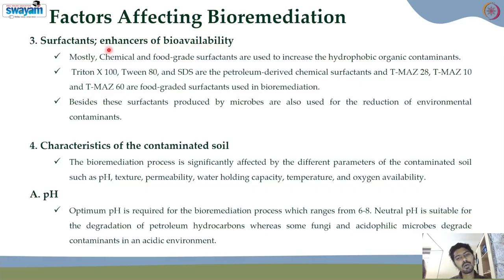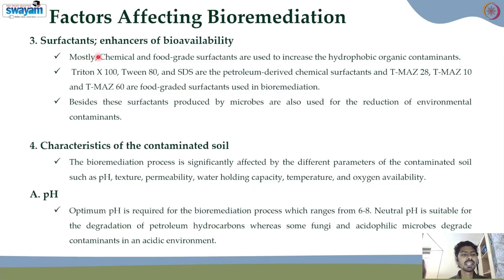So mostly what kind of surfactants are used? One is chemical based surfactant and second is food grade surfactant. These are types of surfactant that are used for hydrophobic organic contaminants.